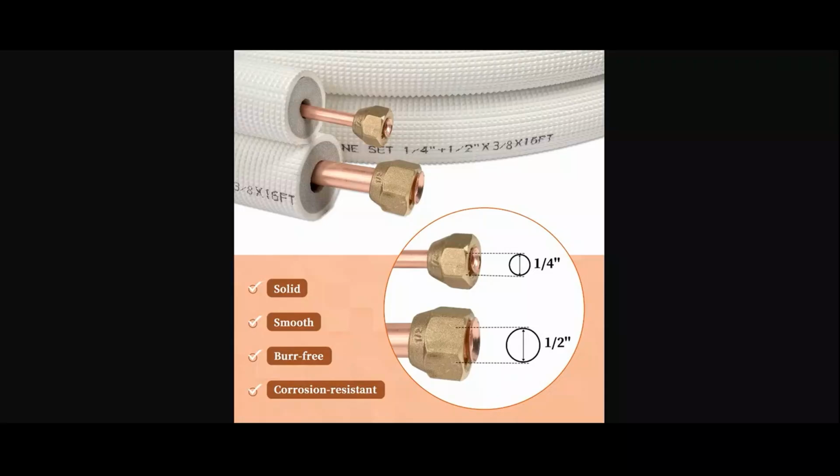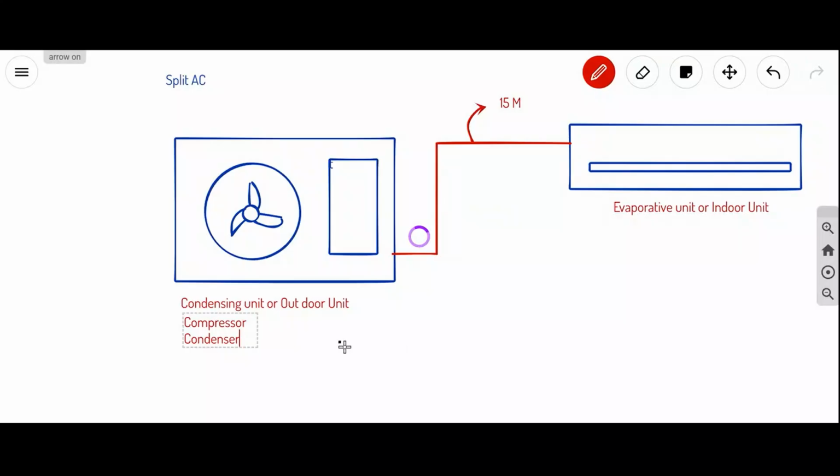So, what are the components present in outdoor unit? Compressor, condenser, capillary. Compressor, condenser, expansion valve. Capillary is like capillary.